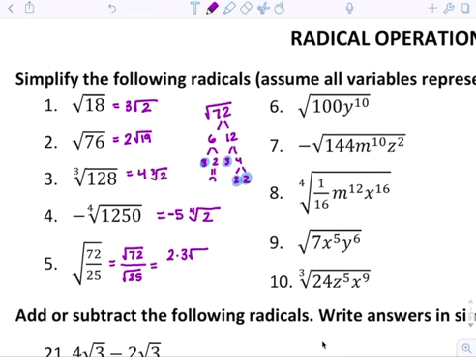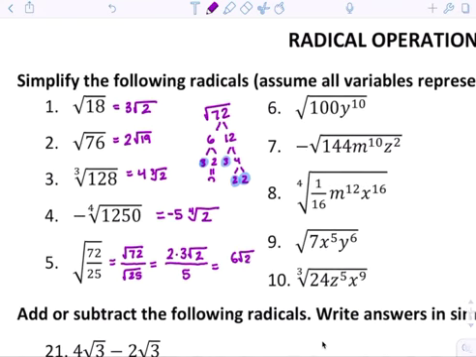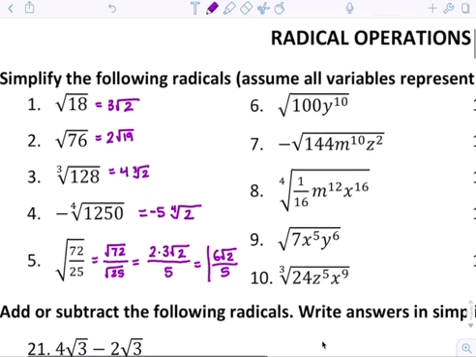And for this one, square root of 25 is just 5. Simplify that, and we're going to get 6 rad 2 all over 5. So there's that. Now let's move on to number 6.